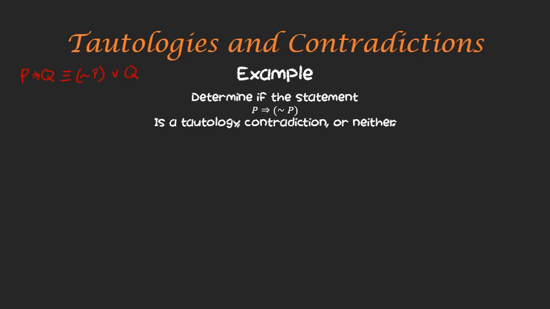That's how you can remember this one. And so we'll use that one here. So instead of using a truth table, I'm going to try rewriting this, just doing some investigating, to see if I can make it look like anything that I can identify as a tautology or contradiction.